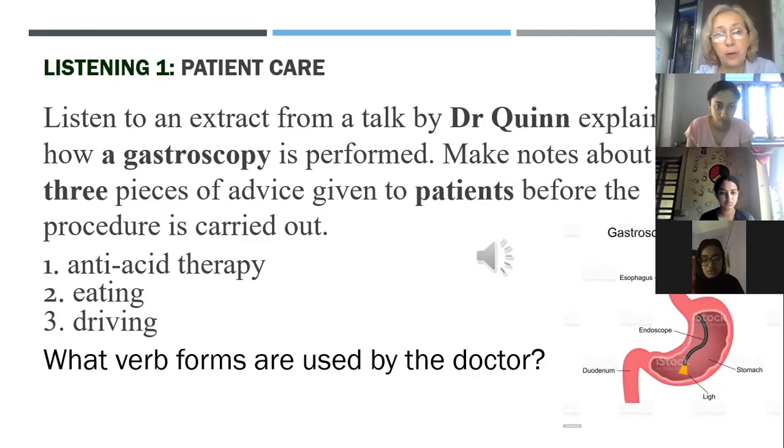So if we just focus on the verbs which are used by Dr. Quinn. So what kind of phrases, what kind of verbs does he use? He says, is explained, is given, is done, is carried out. What kind of structures are they?